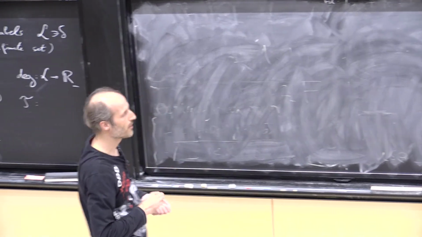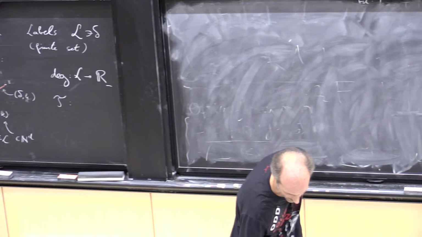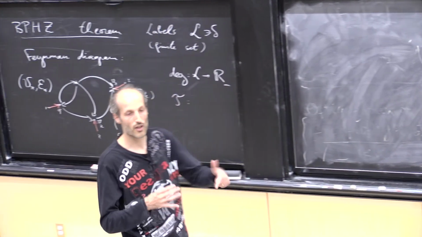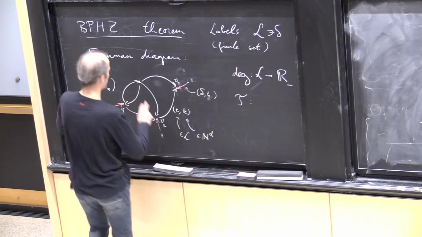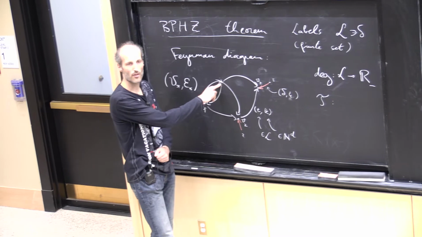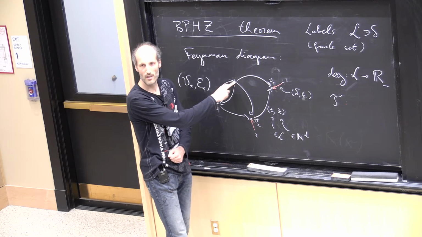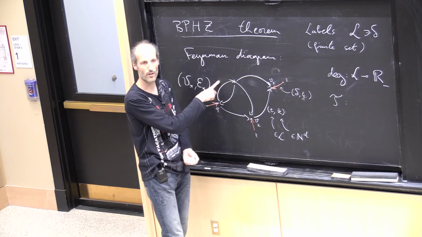Then there's another property which is very natural here: you want to satisfy an integration by parts property. Whenever you take any of these integration variables, the part of the integrand that depends on that variable is these 4 kernels.